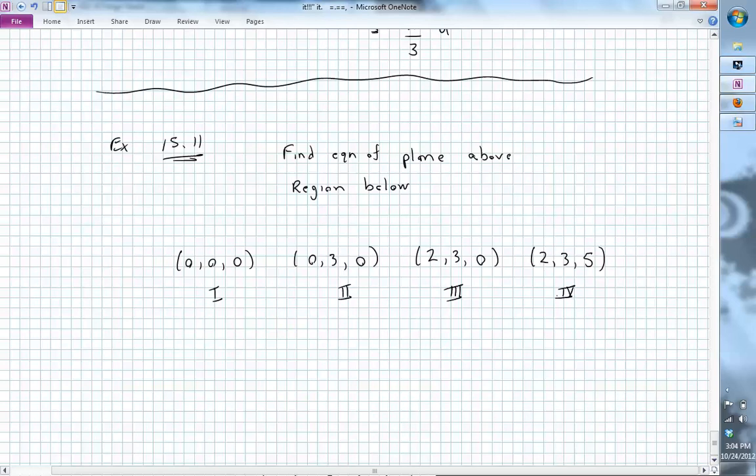Let's orient ourselves a little bit. The triangle in the xy plane is made up of which 3 points? The ones that have zeros in the z slot, right? All of those lie in the xy plane, and that makes the triangle.